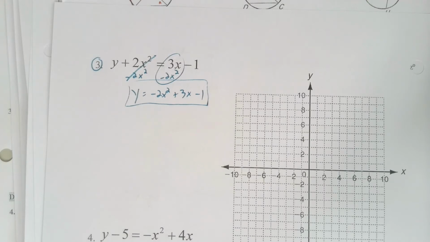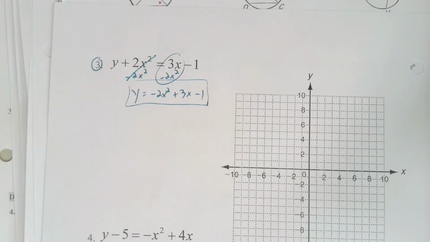You guys know it's going to go down, right? Just by looking at the negative out front, it'll be a downwards parabola this time. Good. It looks like it might not be right at that, so if you're not sure, use the formula.